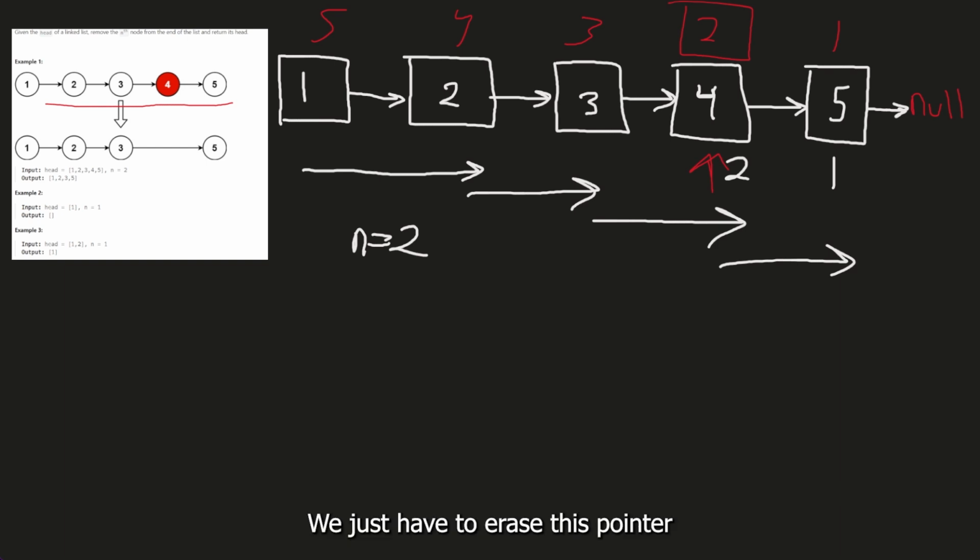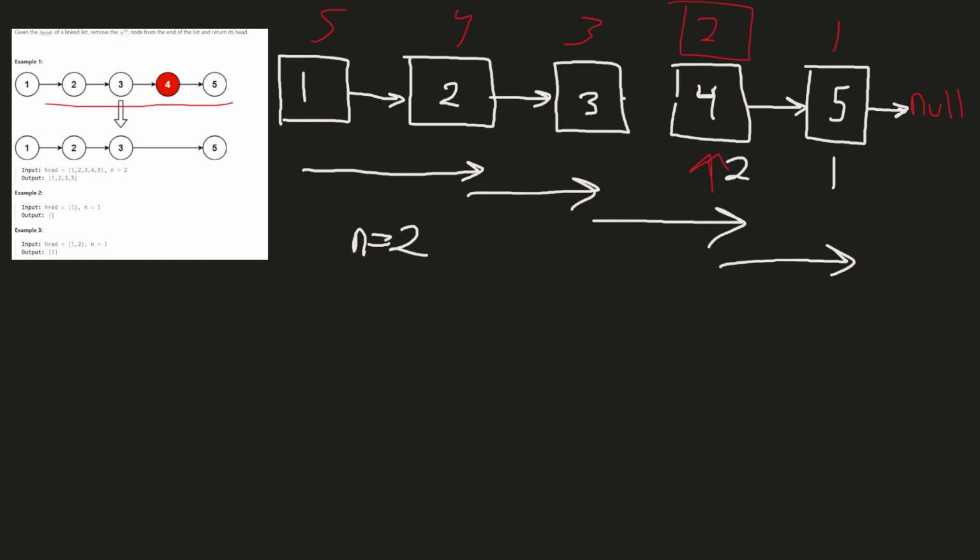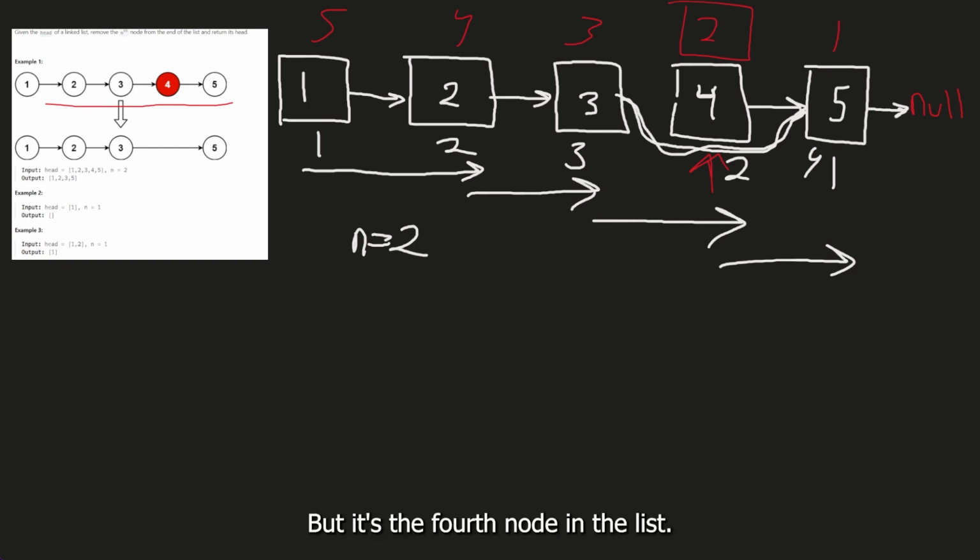We just have to erase this pointer that points to the fourth address, to this list node address, and then we redirect it to 5. So now the new list is very simple. It just goes from 1, 2, 3, follow the arrow, 4, and I mean the value still is 5, but it's the fourth node in the list.